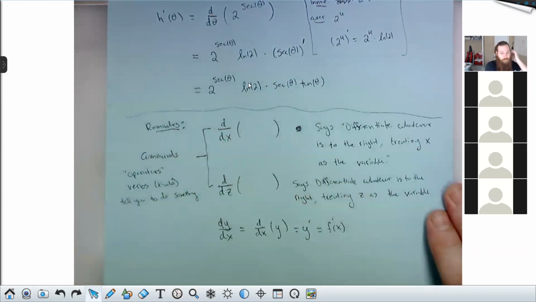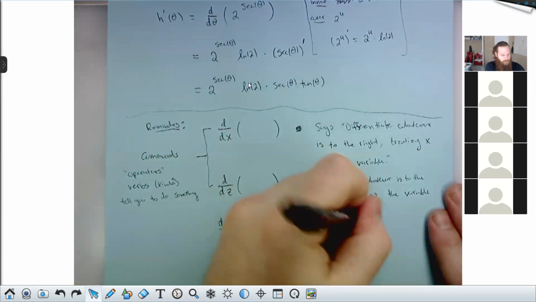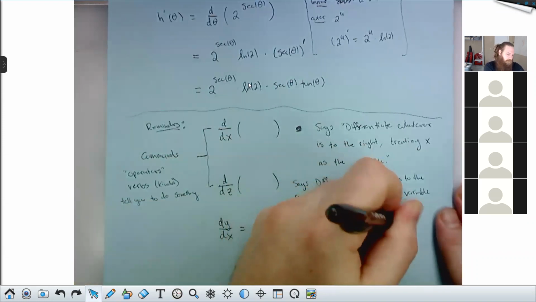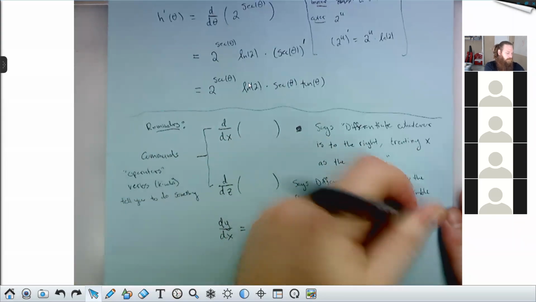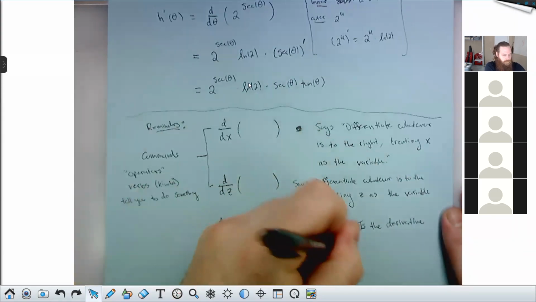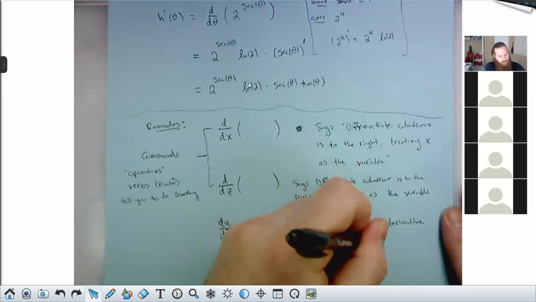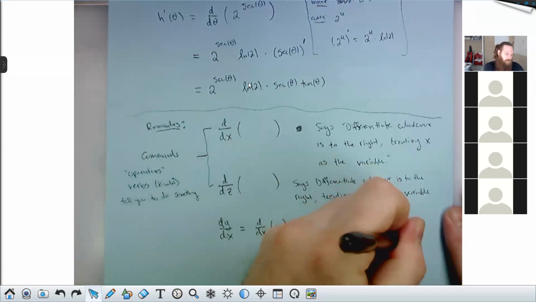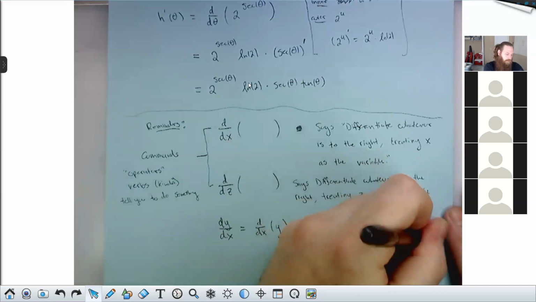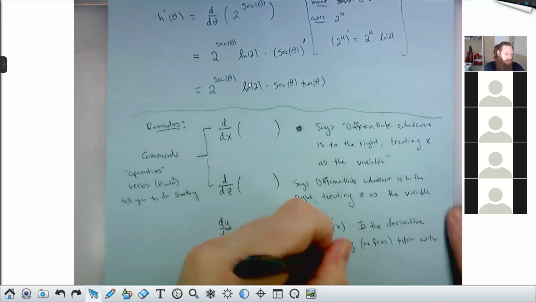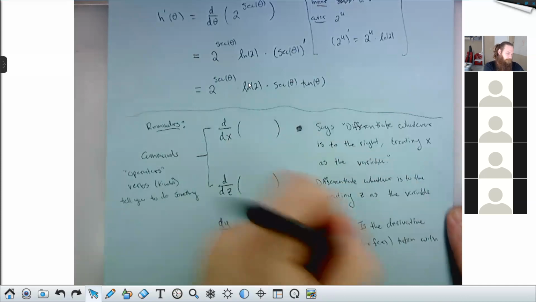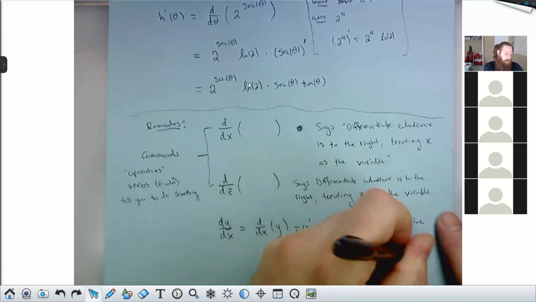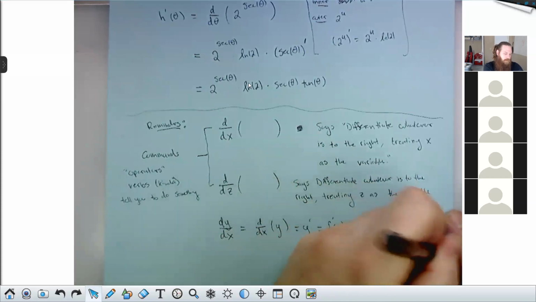This is the derivative of y, or f of x, if so labeled, taken with respect to the variable x.